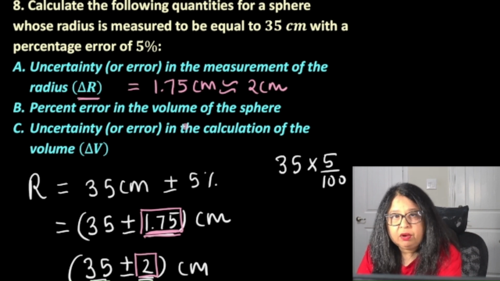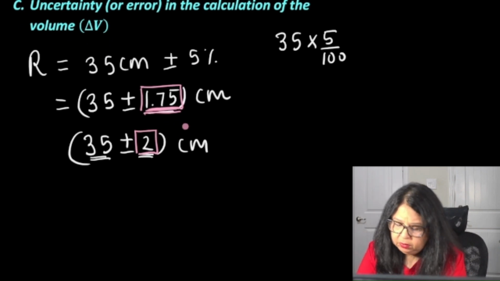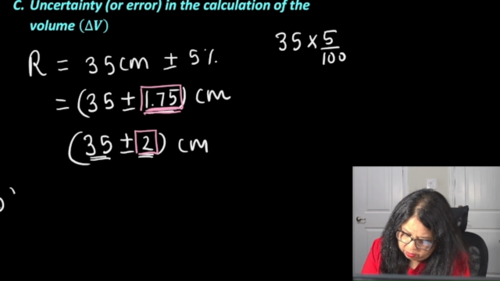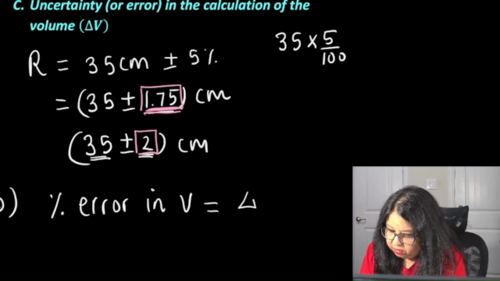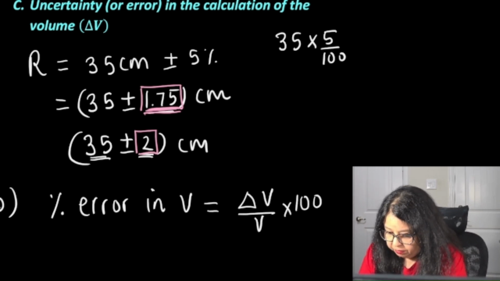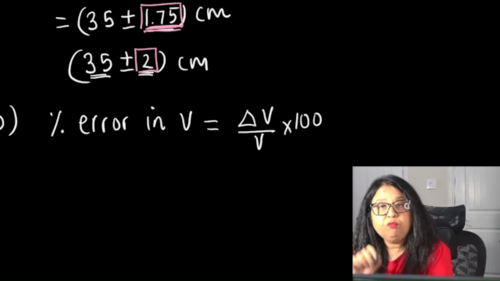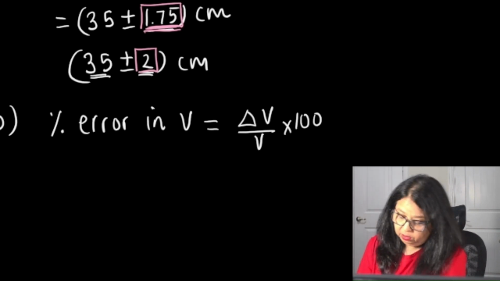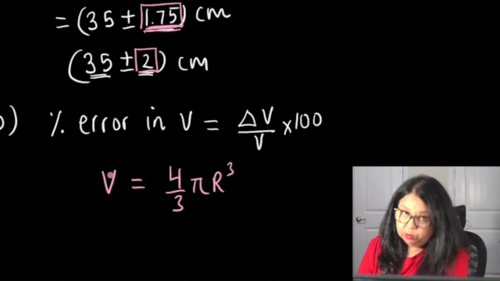Next is percentage error in the volume of the sphere. Percentage error in V will be given as delta V over V times 100. Now, to solve for the percentage error in the volume of a sphere, let's begin with the formula for the volume of a sphere, which is 4 over 3 pi r cubed.